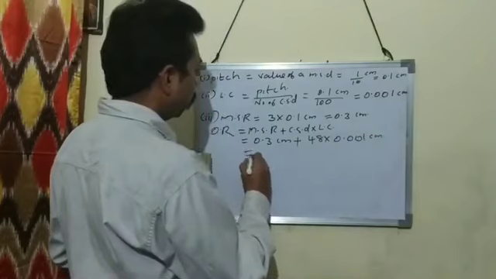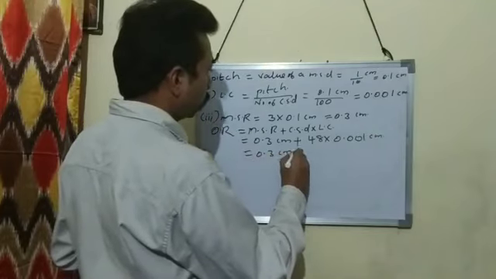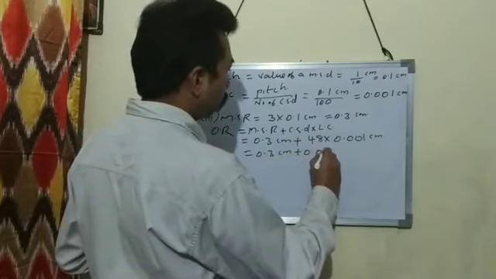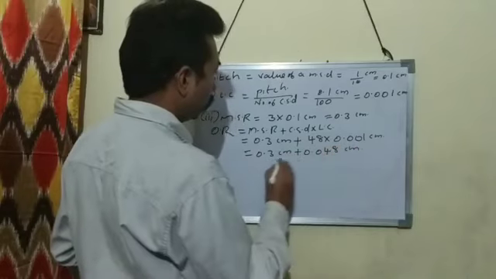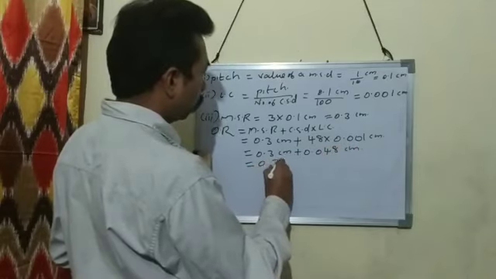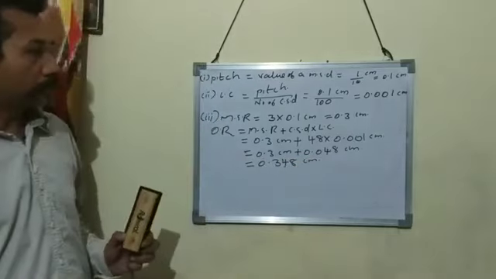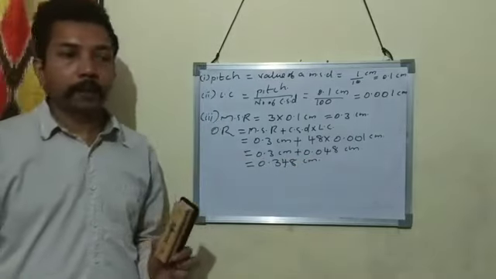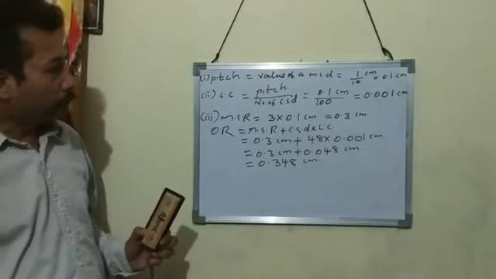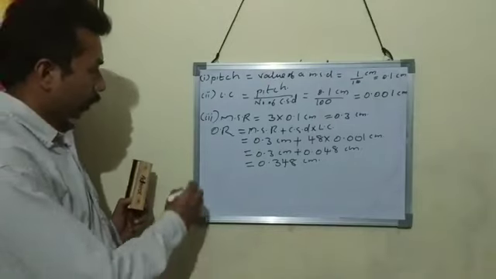So that is equal to 0.3 centimeter plus 0.048 centimeter, which is equal to 0.348 centimeter. This is the observed diameter.